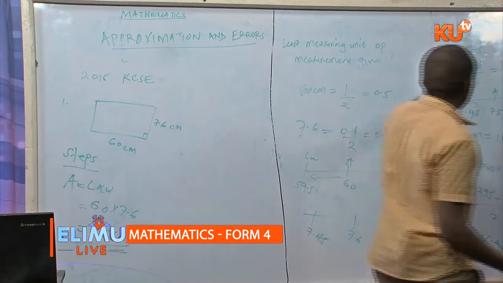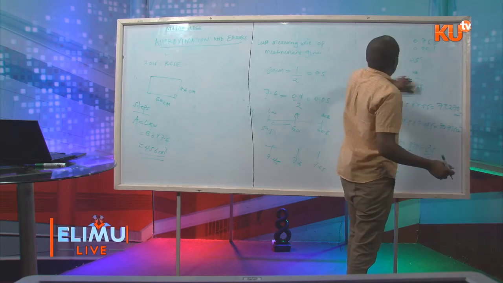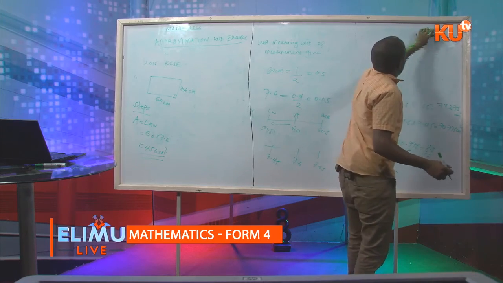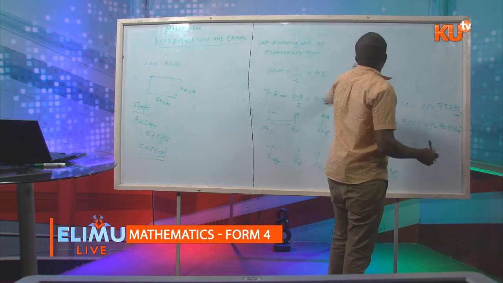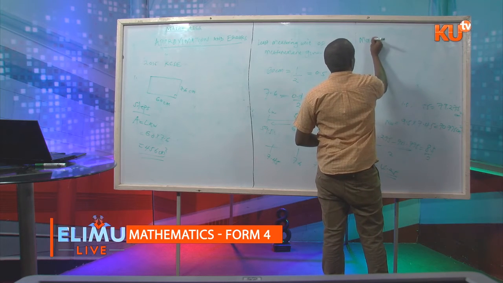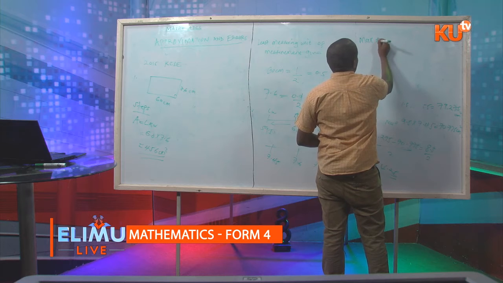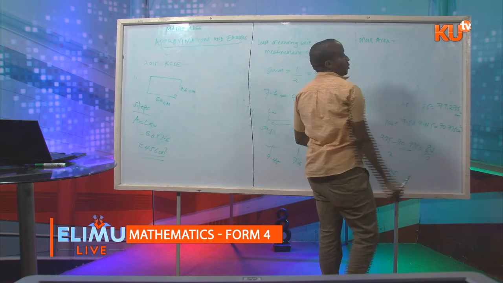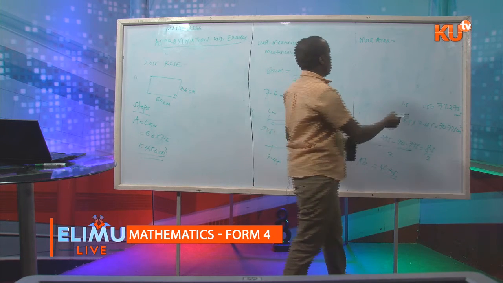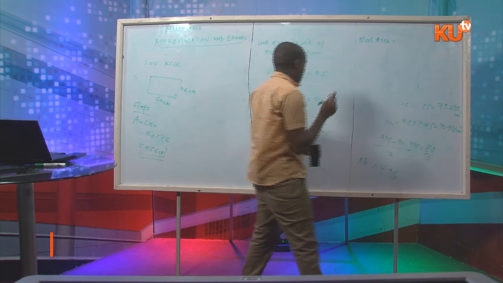So after that, now you can get our maximum area. So our maximum area will be equal to, we said the maximum area is given by the upper bound.